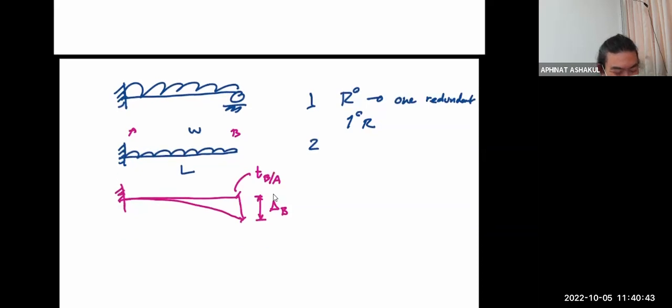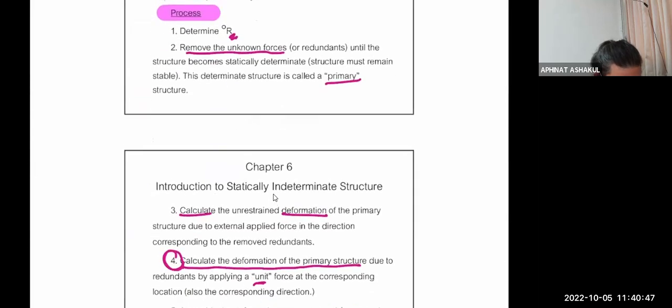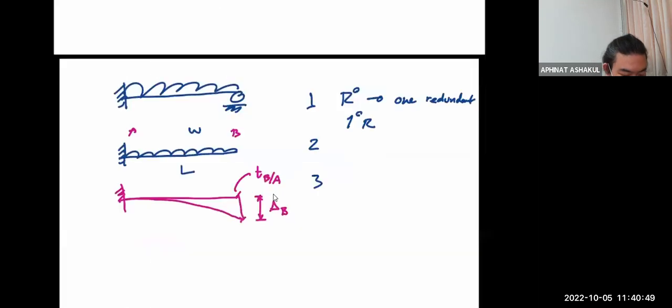So step number 3 is the calculation of delta B after we remove the redundant. Redundant is now removed.